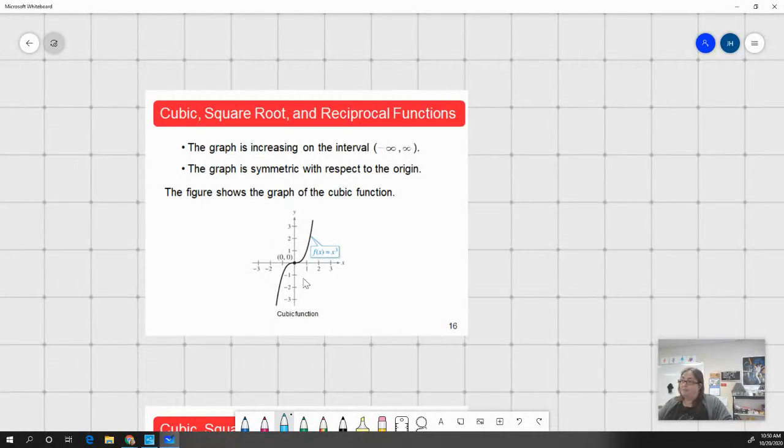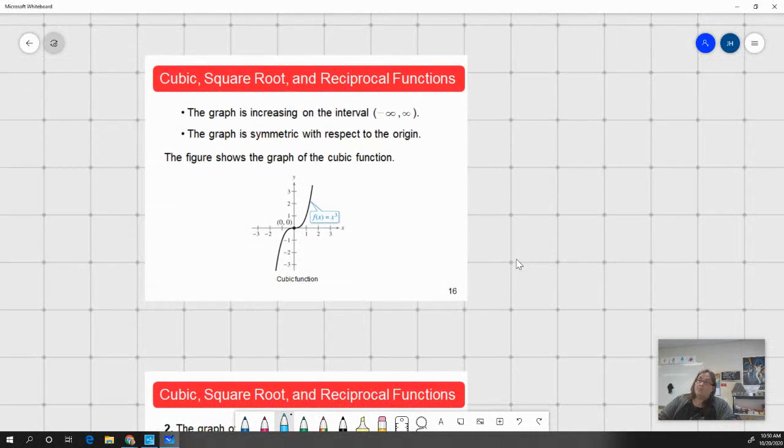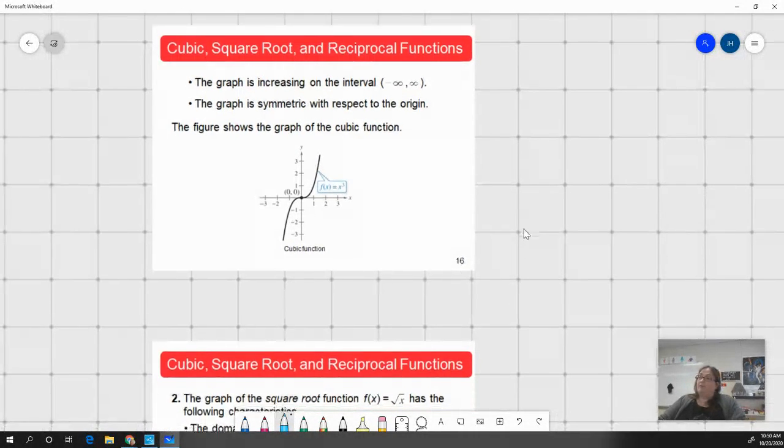It would curve up from here and go down like that. But that would also be a transformation. Our parent function, though, looks just like this. So if you see something of this shape, no matter where it is on the graph, you know you're dealing with something cubed, which is the whole purpose of understanding parent functions.